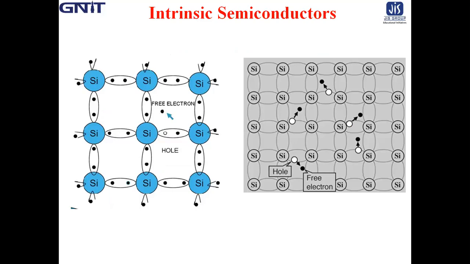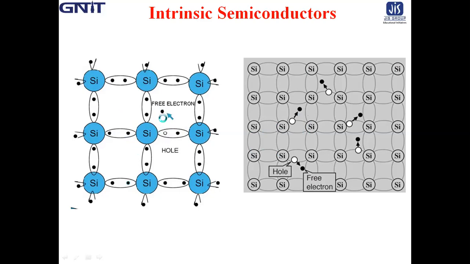Each silicon atom has 4 valence electrons, shared with the 4 valence electrons of neighboring atoms to form covalent bonds. Thus, the valence electrons are tightly bound to the nucleus, and these electrons are not free to move. Thermal agitation breaks the bond, and the electron gains sufficient energy.